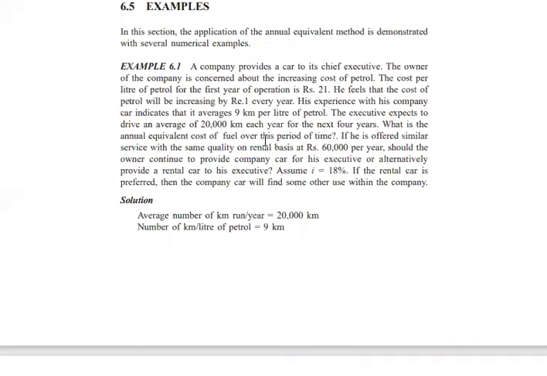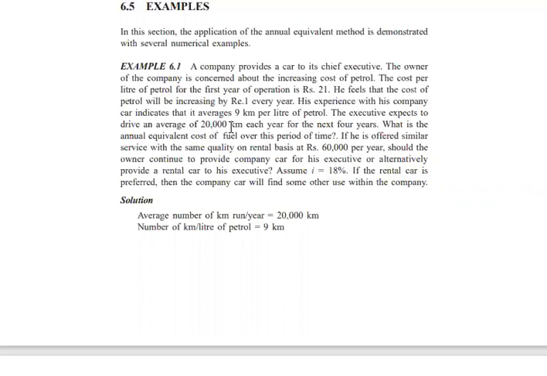He also finds that the car gives 9 kilometers per liter of petrol, with experience. He also expects that the car has to run an average of 20,000 kilometers for the next 4 years.